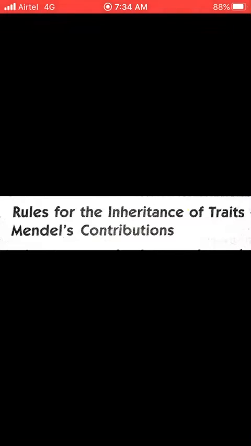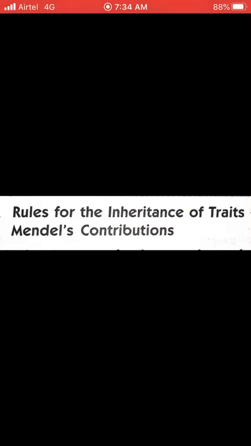In these three laws, he explained how these traits express themselves during the process. So let's study those laws. Before that, one question arises in everybody's mind: why did Mendel choose the pea plant?